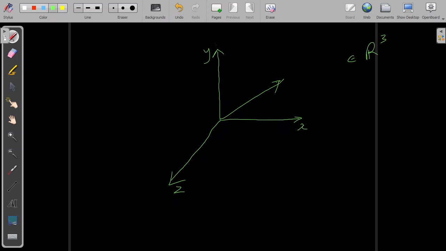So a point in this three-dimensional space, let it be P, is an ordered triplet.